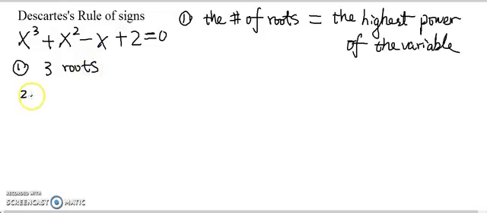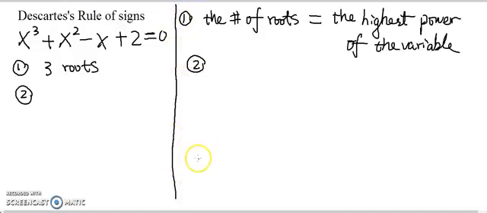Now we're going to determine out of these 3 roots, how many are positive, how many are negative, and how many are imaginary. So here we look at rule number 2, which says consecutive terms present a variation in signs if the coefficients have opposite signs. For example, look at the first 2 terms and take a look at the coefficients.